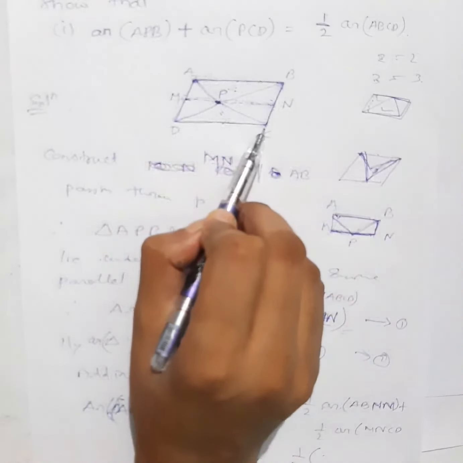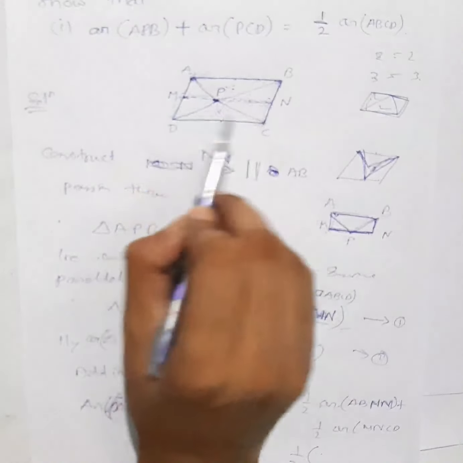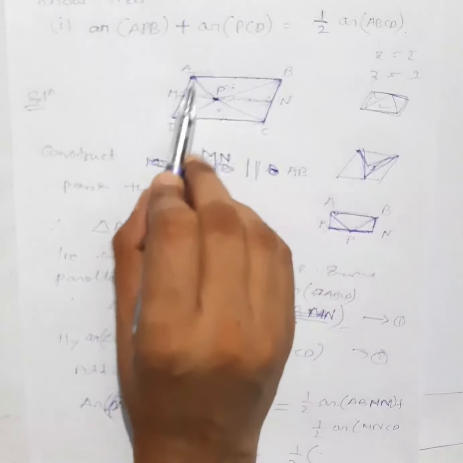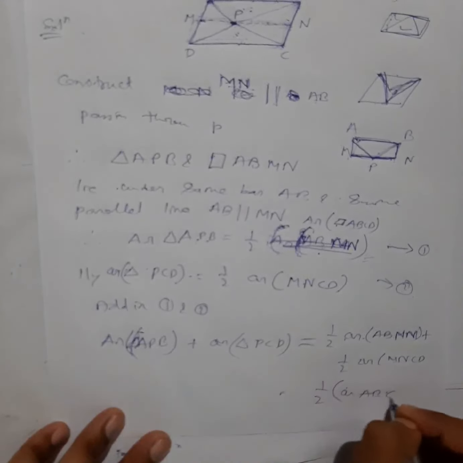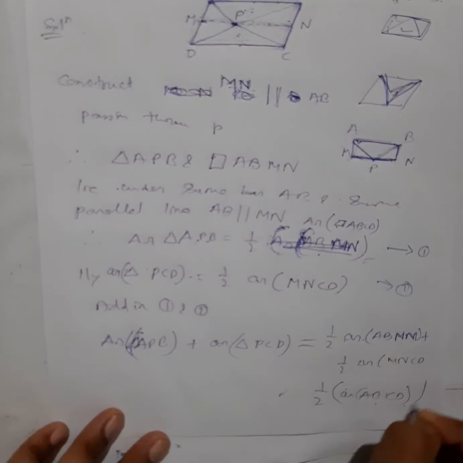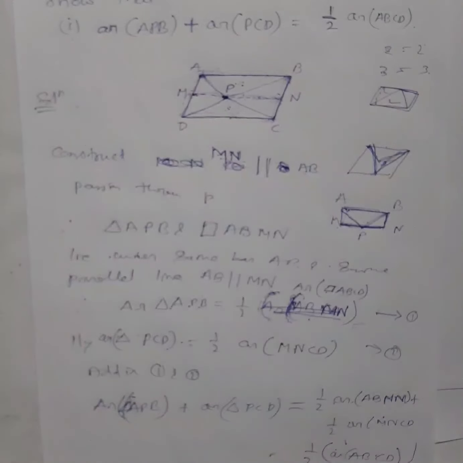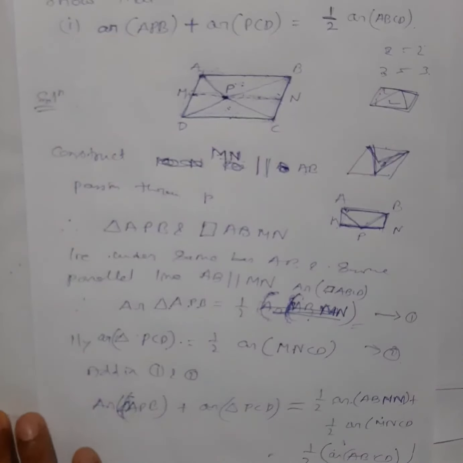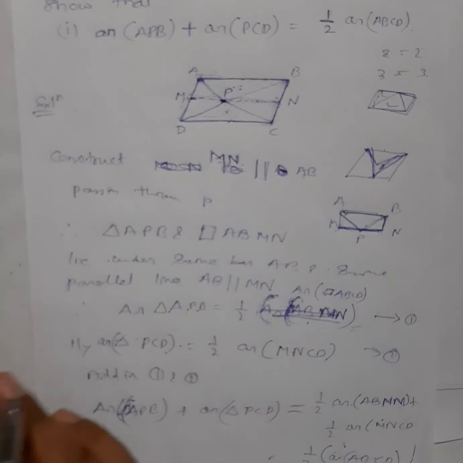ABNM plus MNCD. So this plus this, what is it? Can I write ABCD? Area of ABCD. So this and this you can see are the same. Okay, so this is your proof for the first part. For the second part I will show you tomorrow.